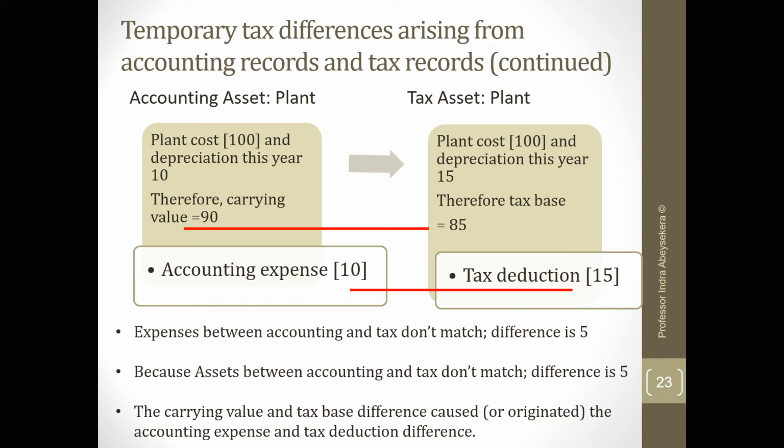So what we can understand is that these differences in the values are actually arising on the balance sheet, on the assets and liabilities.